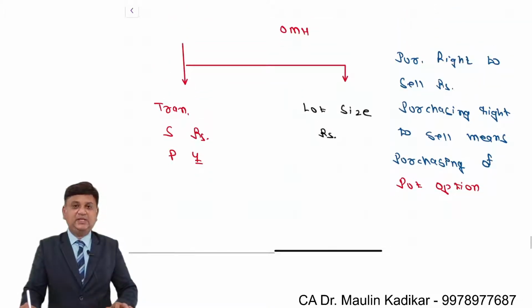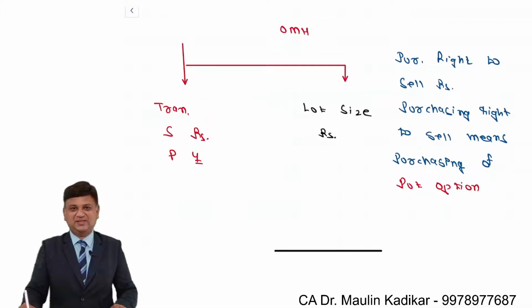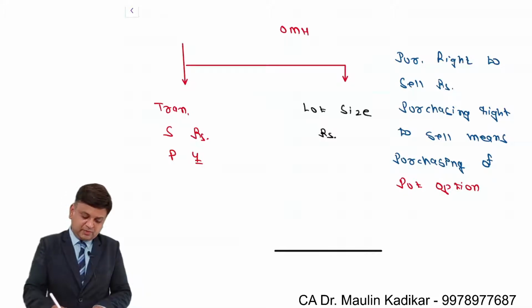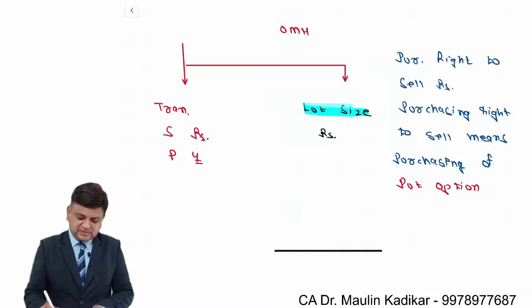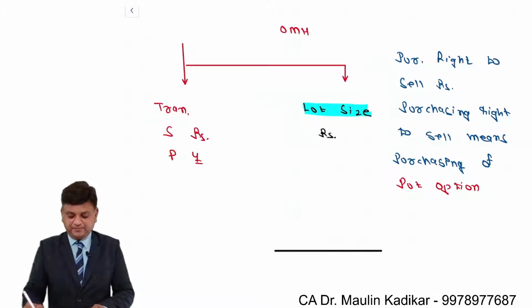So here, the institute has made an assumption like this, because the question is not providing the information about the lot size. So assuming the lot size is in rupees term, the suggested answer is provided. So you are going to buy the put option. With that, the answer is required to be found.